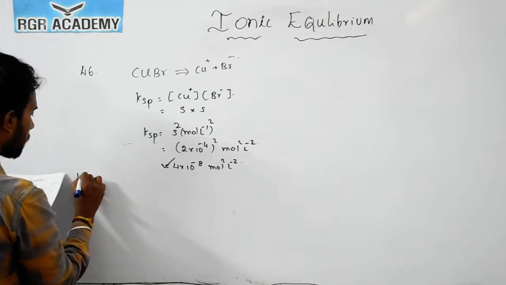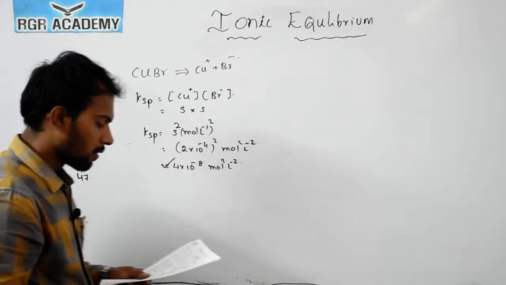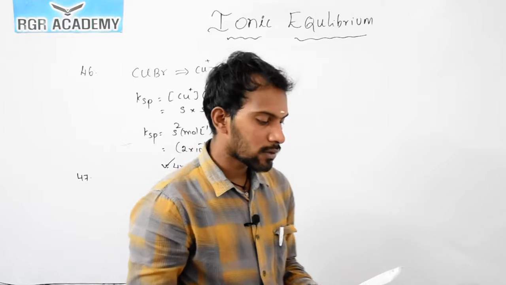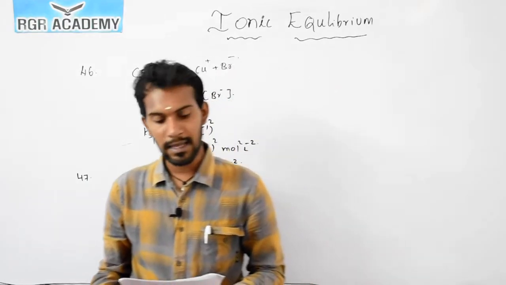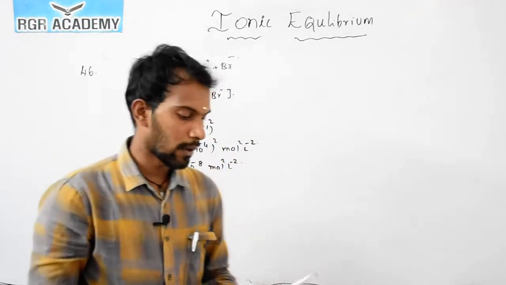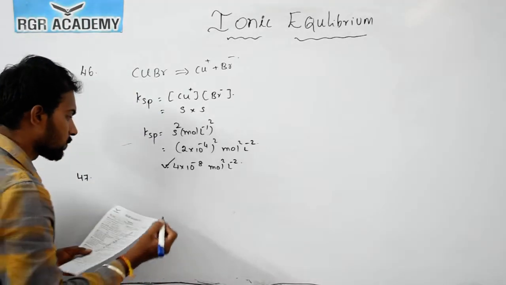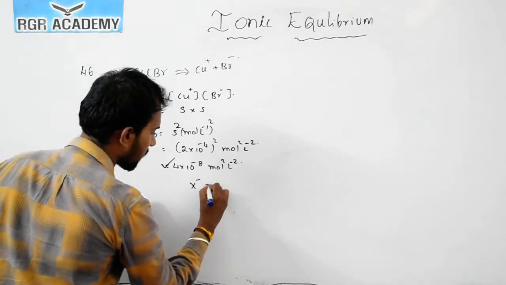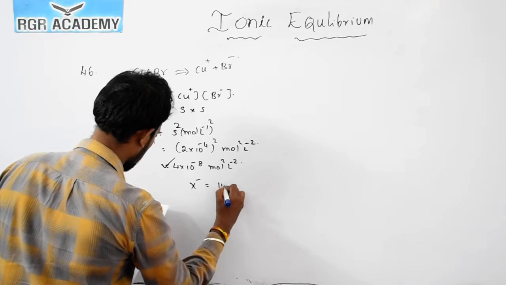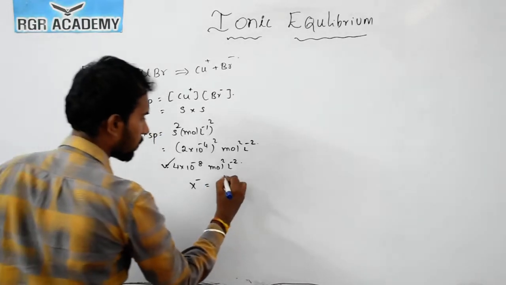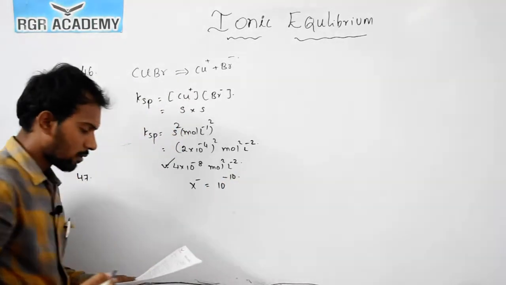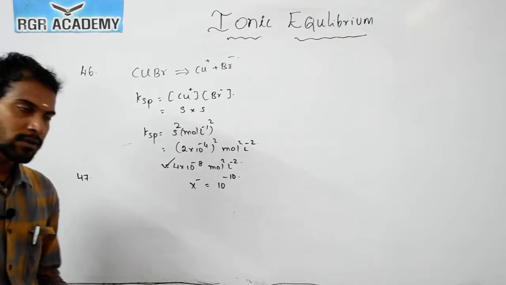So now the question number 47. A certain buffer solution contains equal numbers of X minus and HX. The Kb value for this X minus is equal to 10 power minus 10. So here they are asking the pH of the buffer solution.